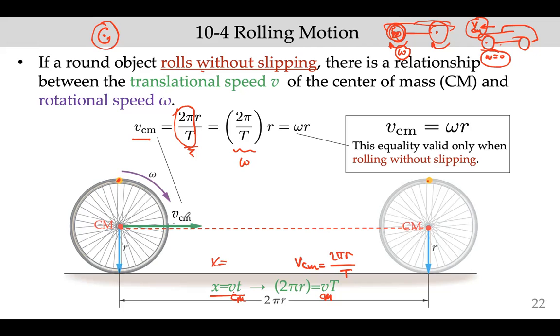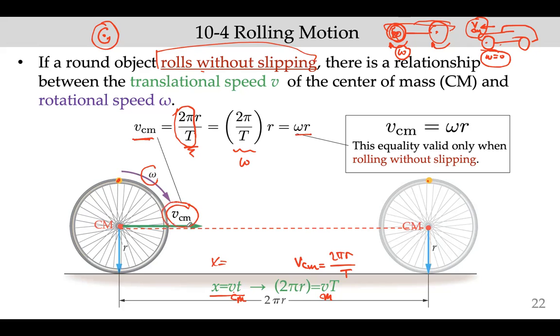So it's not related to rotation. It's the speed of the wheel that's relevant to translational motion. Translation means going from one place to another place. As I said before, these two are in general independent, but if this condition is satisfied, then we have V_CM equals omega r.